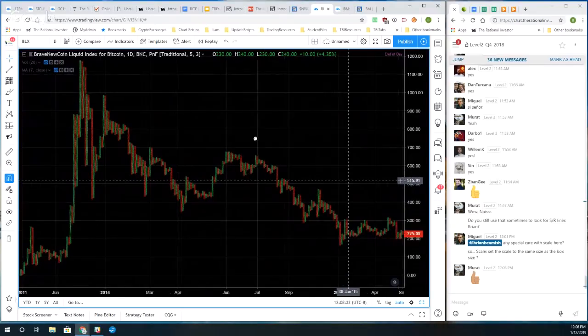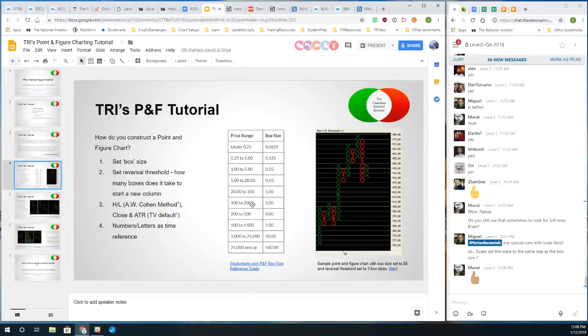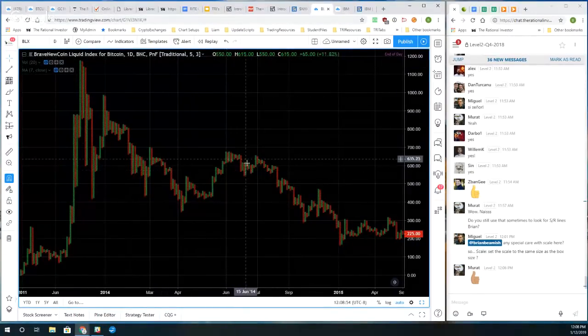But looking at the asset now from say $100 up to 1,200, and we go back to our charting, sort of log, you see that from 500 to 1,000, it recommends that you set the box size to $5. So now when we go back, we've set this to $5. Can you see now, guys?